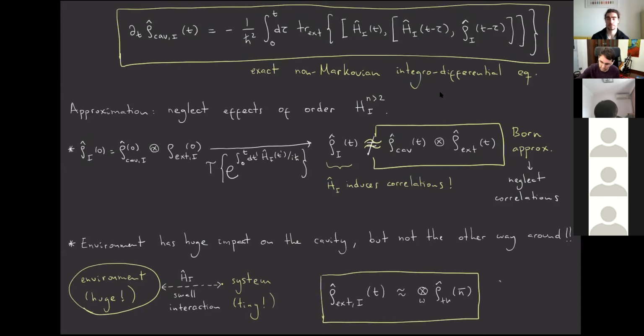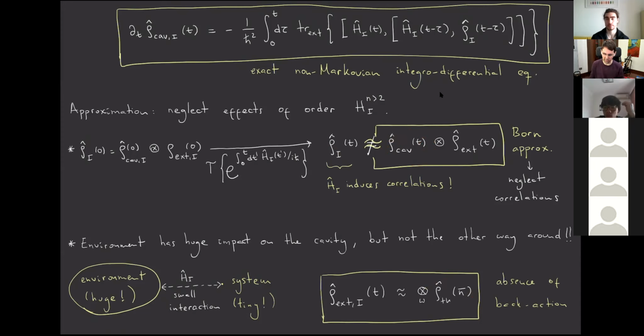So this is the second approximation. And we call this the absence of back action from the system to the environment. So the environment acts on the system, but the system doesn't back act on the environment. Okay? So we have these two approximations that together combine to the approximation that the state of the whole system we write as some uncorrelated state of the cavity times the thermal state of the environment.